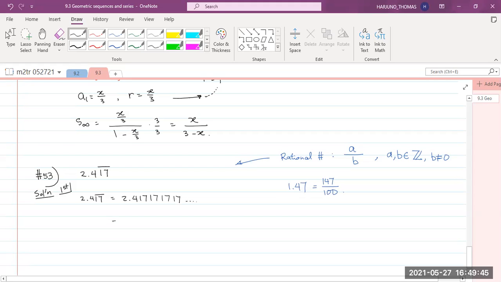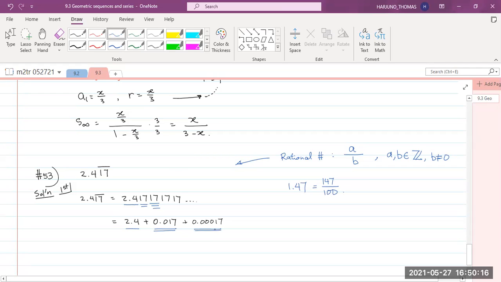And that is equal to 2.4 plus 0.017. So this is my 2.4. This is my 17. And my next one is 17. Do you see that?